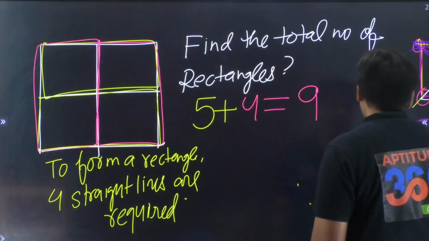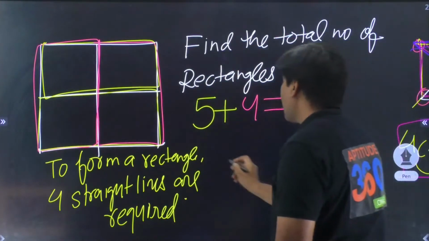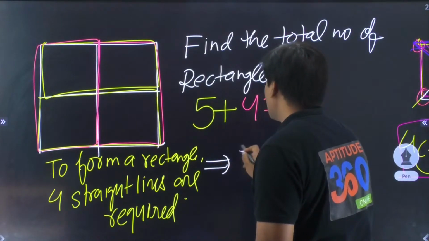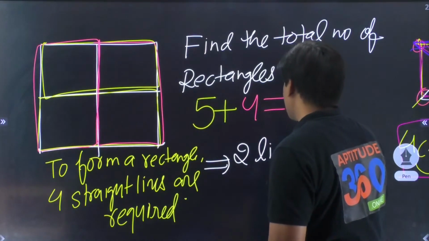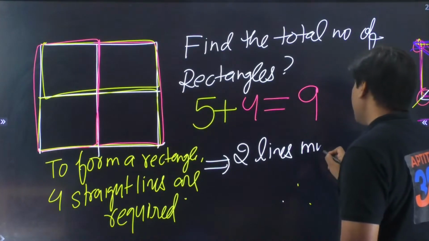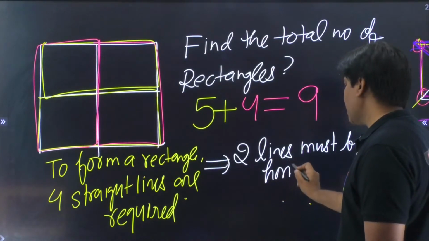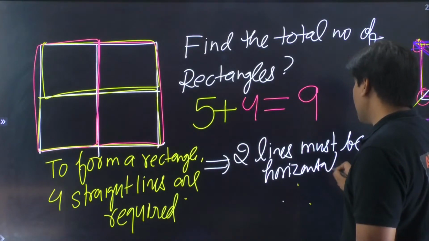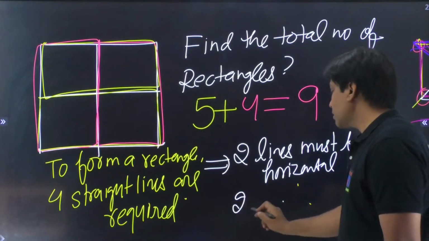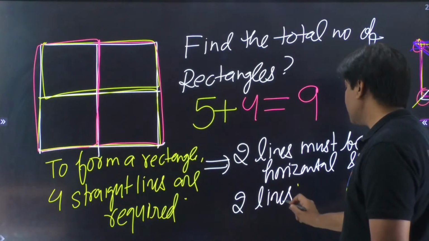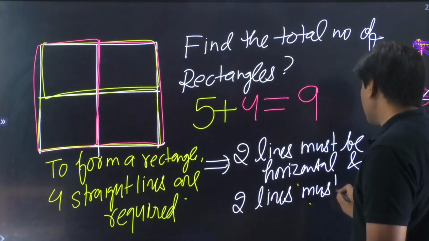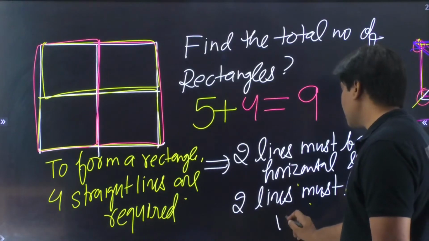Now out of those 4, 2 lines must be horizontal and 2 lines must be vertical.